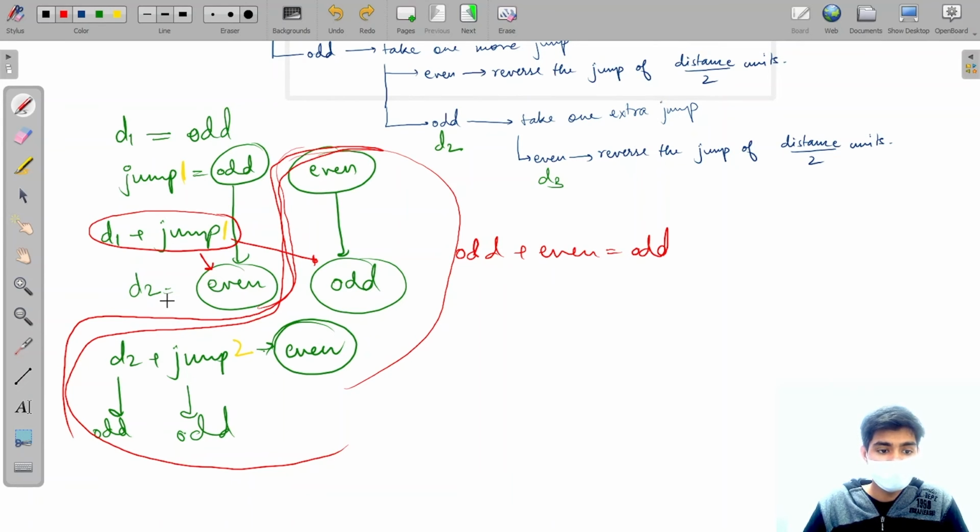If d2 is odd and my jump 1 was even, then my answer was odd. Now if this d2 is odd and my jump 2 is odd, because I know the previous jump that I took was even so my new jump will be odd, then after taking these two numbers I'll get my answer as even.